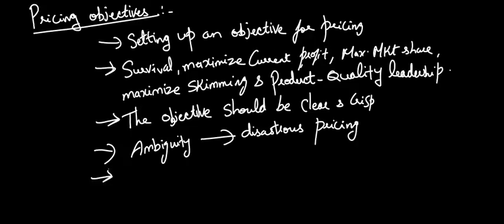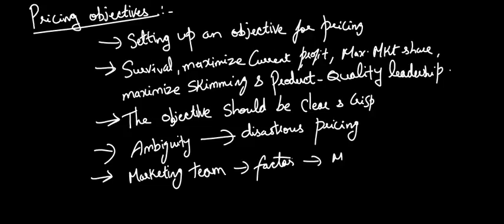So when I talk about pricing objectives, the objectives are set by the marketing team, and they need to know different factors like their margin required, and the spending, which we will see in the next topic.